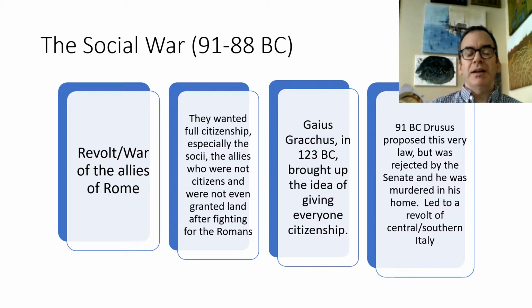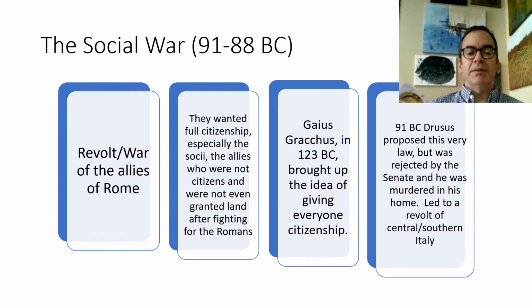So we talked about Gaius Gracchus a few weeks ago in a lecture. He ended up talking about giving citizenship to everyone, and it didn't go anywhere. Then in 91 you've got a man named Drusus who proposed a number of laws, some on agriculture and so on, and one was giving citizenship to everybody.